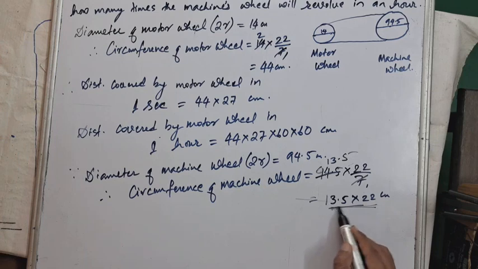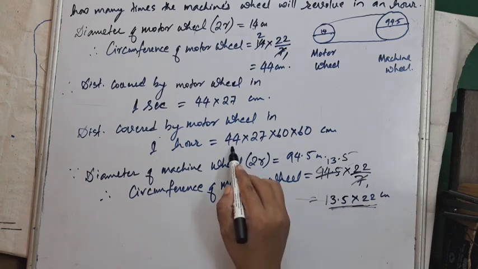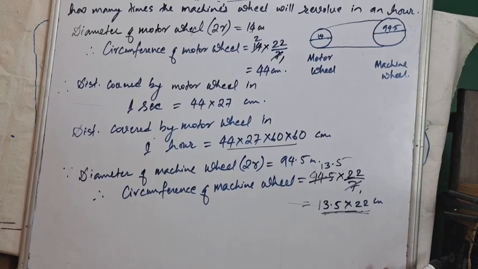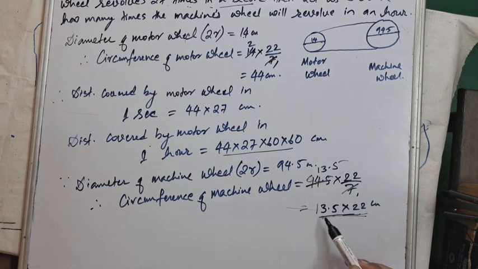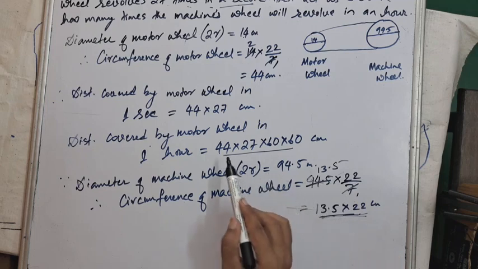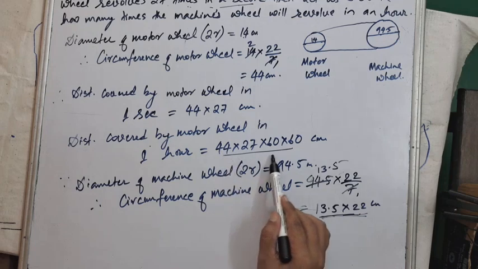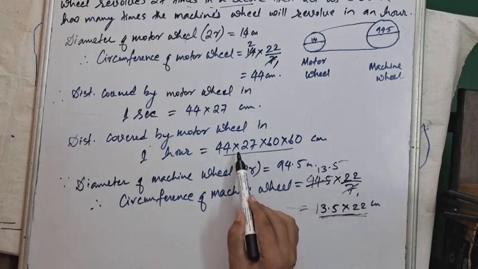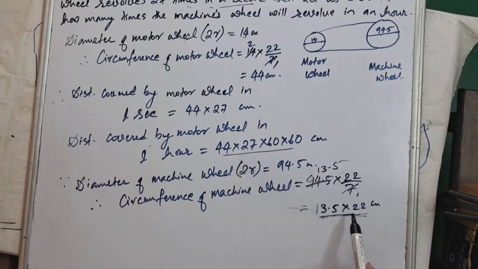So if this is the distance covered by the machine wheel in one revolution, then to cover this much distance, how many revolutions should this machine wheel make? Are you getting my point? So let me repeat again. To cover this much distance, how many times should the machine wheel revolve? It means this distance divided by this, isn't it?